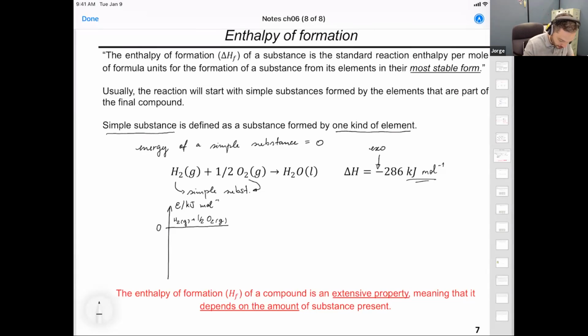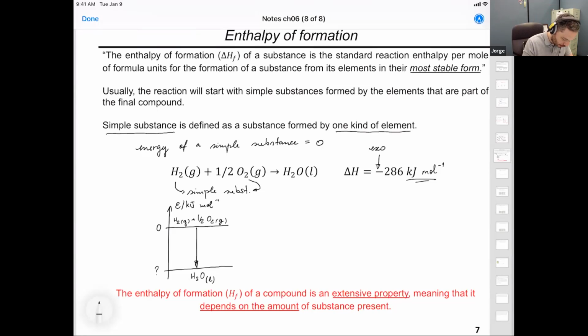So the reaction will proceed to a lower energy level, and the only product formed is water in the liquid state. Here we don't know the energy level for the products.